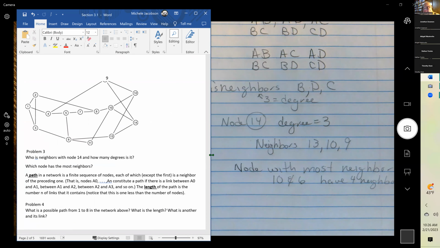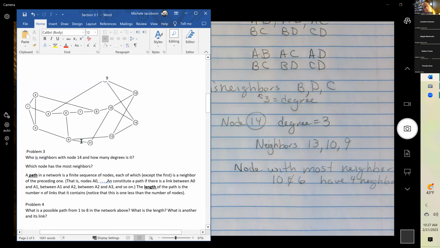A path in a network is a finite sequence of nodes, each of which, except the first, is a neighbor of the preceding one. What they're saying is to have a path, you go from one to the next to the next. For instance, if we went from 3 to 9, one path could be 3, 6, 13, 12, 9.